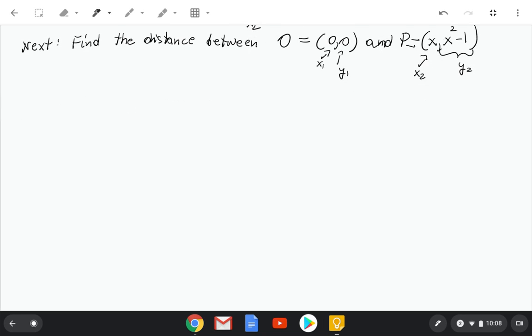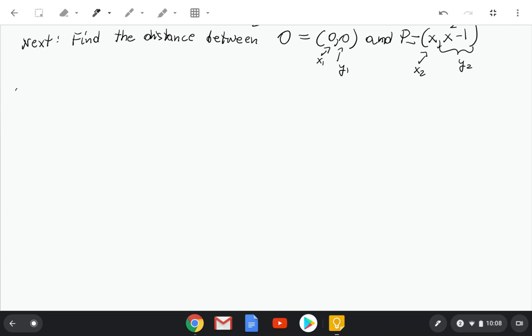Okay, so let's use the distance formula. D equals square root, let's rewrite that, x2 minus x1 to a second power plus y2 minus y1, just slower, okay, to a second power.